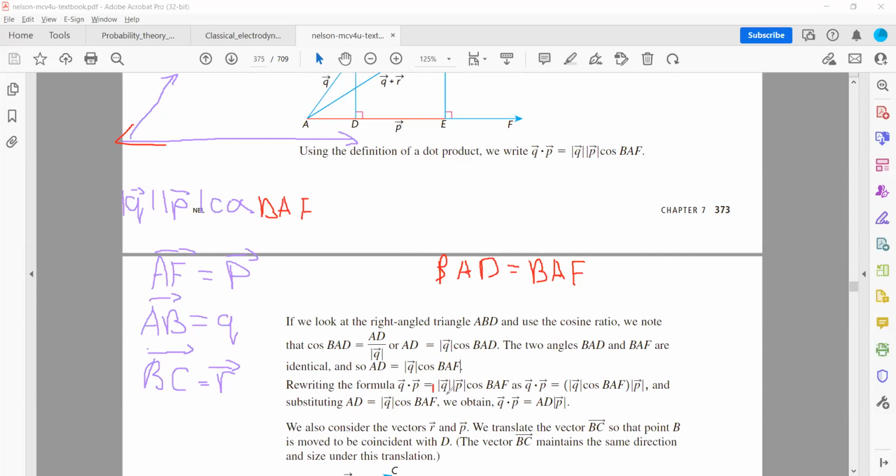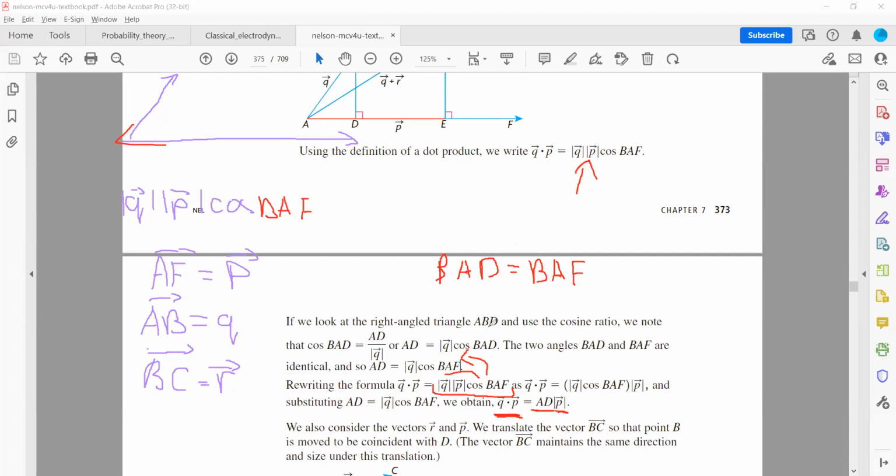So this is our initial formula which we wrote previously, and let's just group up terms here, Q and cosine together. So now we can substitute it for AD. So now we can say the dot product of Q times P vectors equals AD times P by modulo.